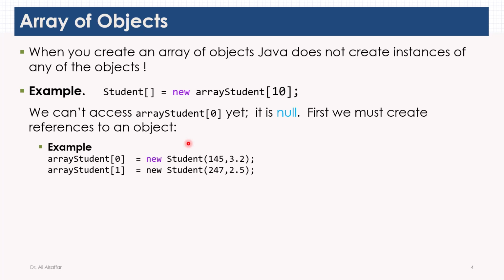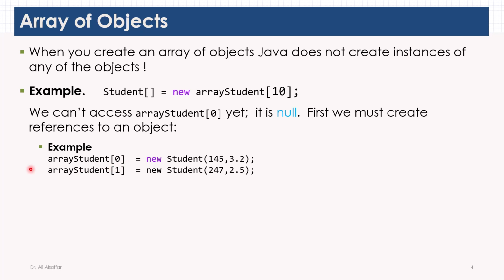For example, if you say array student 0 is equal to new student 145, 3.2, then here you are creating a new object of type student. The ID is 145, GPA 3.2, and the reference created will be saved into array student 0.